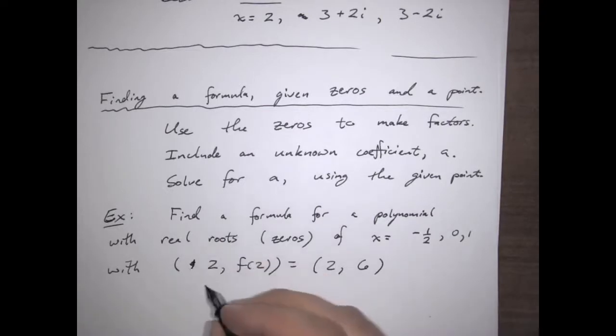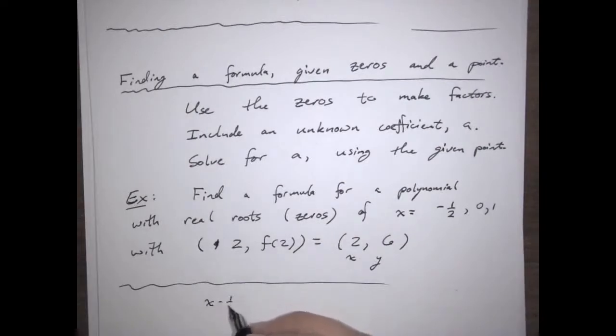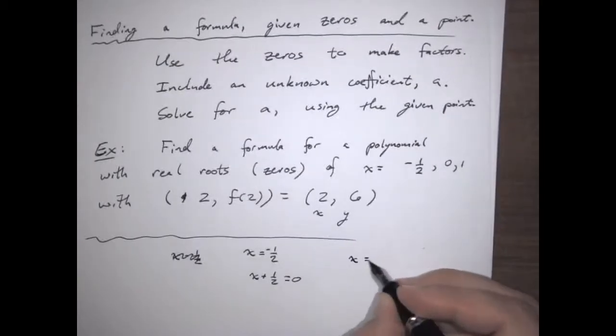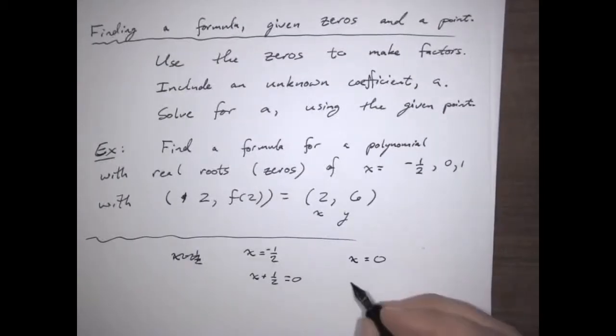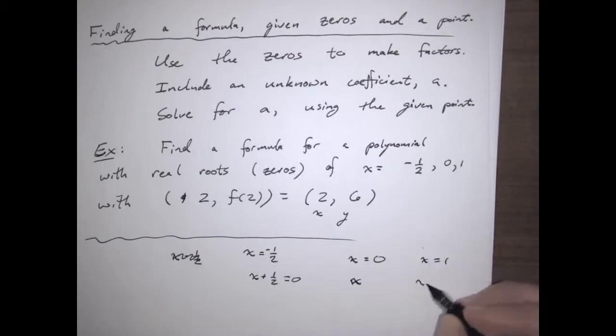Okay, so this is the x, this is the y that we'll be using to find the missing a. Okay, so x equals negative 1/2, which means x plus 1/2 equals 0. So that's going to be one of our factors. x equals 0, so that means x is going to be one of our factors. And then x equals 1, which means x minus 1 is going to be one of our factors.